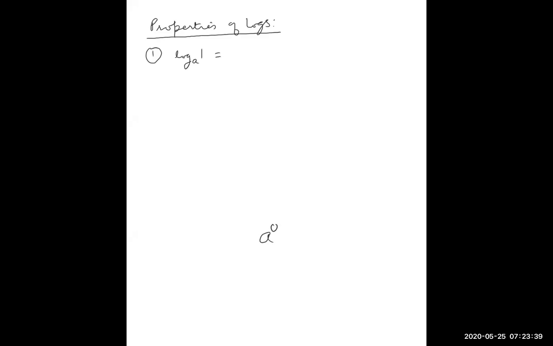See, log of 1. For any base a, a raised to power 0 is how much? 1. Now if you convert this in log, this will be log a of 1 is equal to 0.